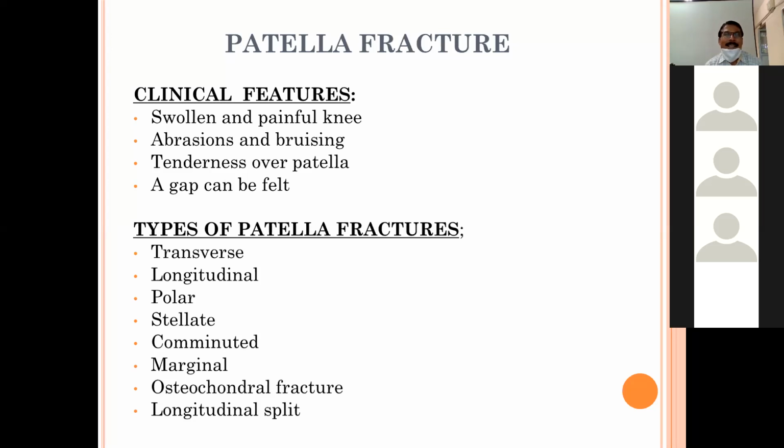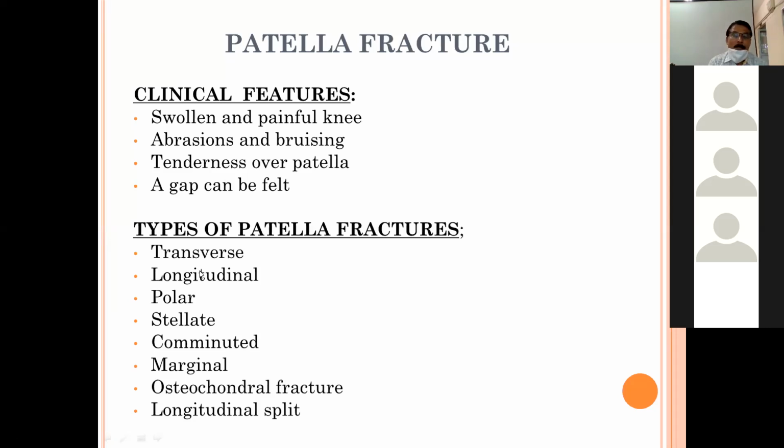And when you take the X-ray of this fracture, you may find different types of fractures. As I said already, in case of indirect trauma, most of the time the fracture line is transverse. There is a gap between two fragments, one above, one below. So that is a transverse fracture.